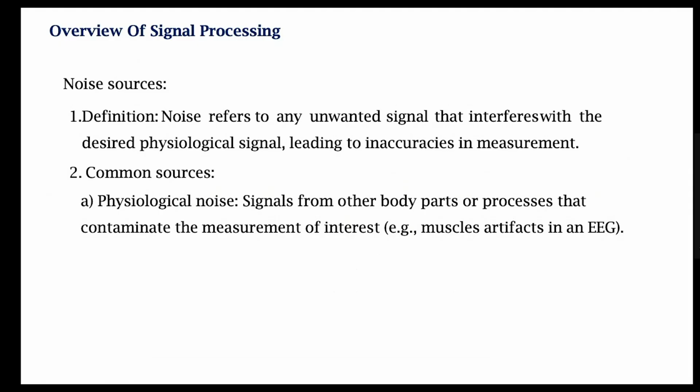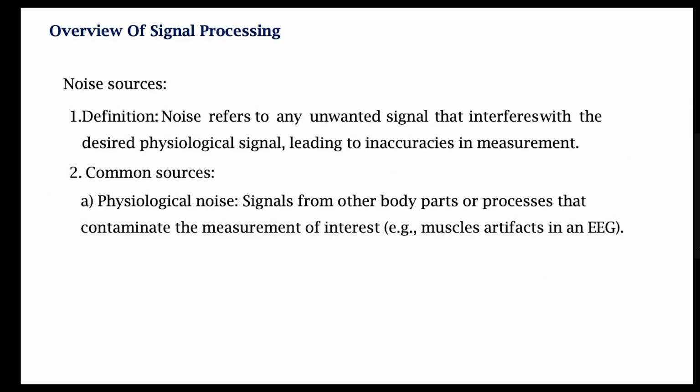But if you're measuring muscle activity, then the movement of muscle is signal. So depending on what you are desiring, anything that is not desired is noise. This leads to unwanted inaccuracies in the measurement. This is noise.